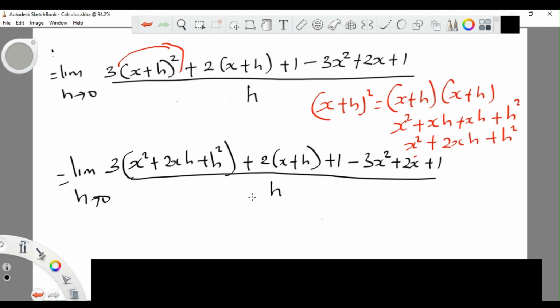So what we do next is to open up this bracket, or we can say we have to simplify further what we have in the bracket.